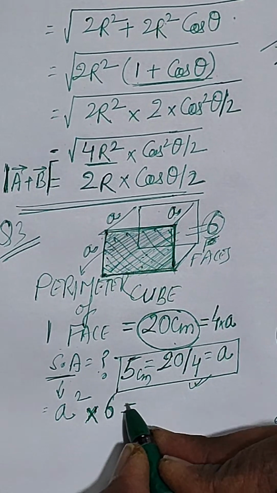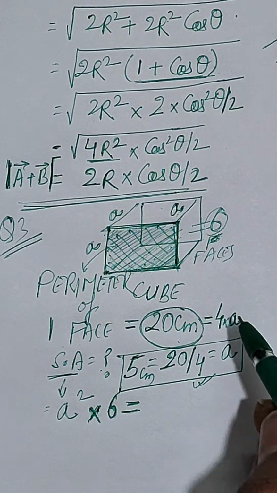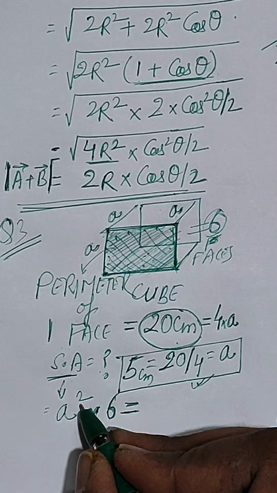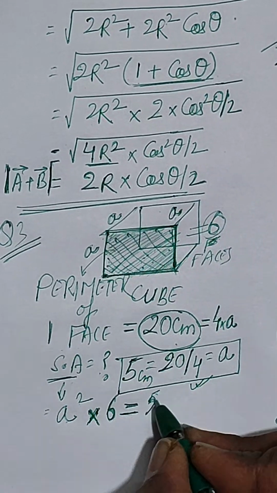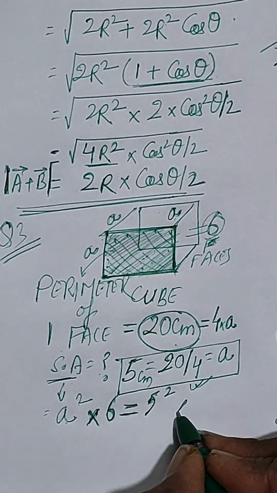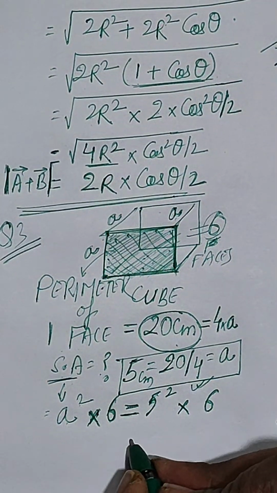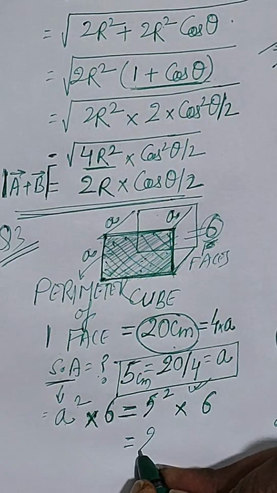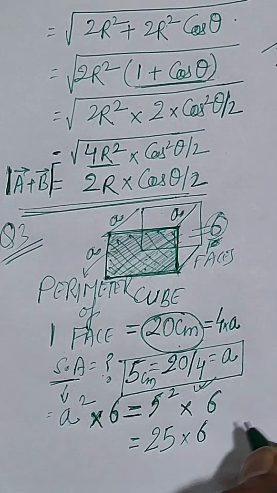It will be coming as 5 square, if you replace the value of a as 5. This will be 5 square multiplied with 6, right? This will be coming as 25 into 6.